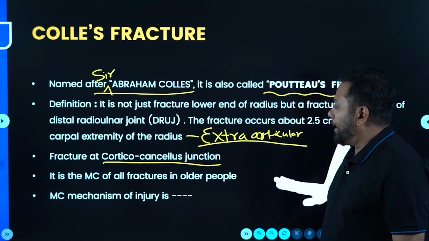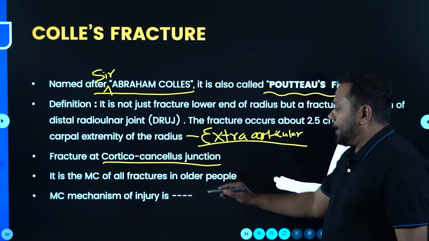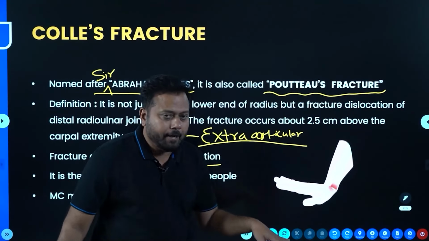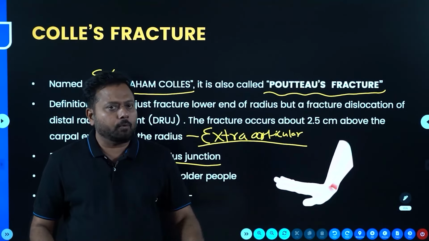And what's the mechanism of injury? Look at this diagram. It is fall on outstretched hand, there is no doubt, FOOSH.